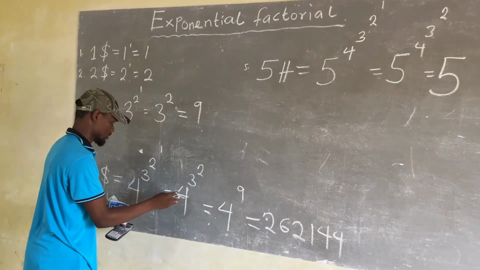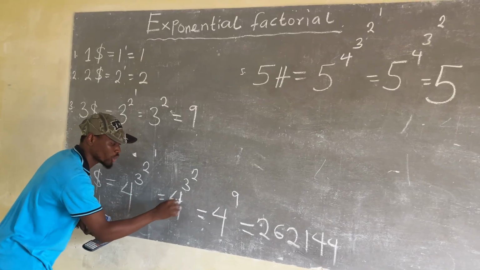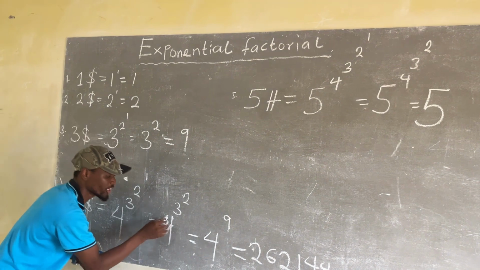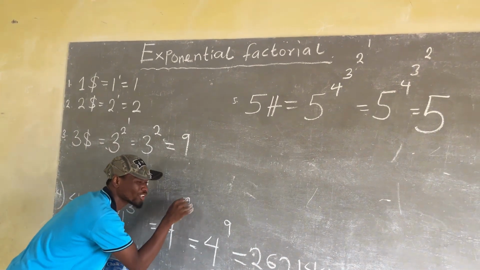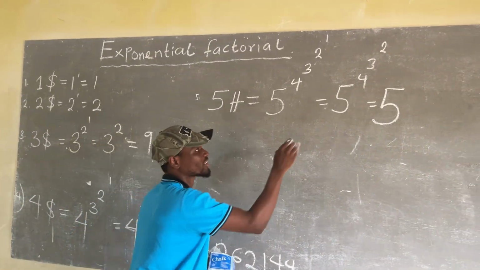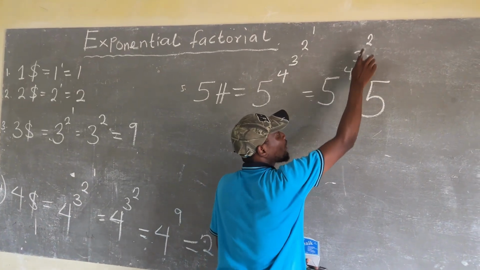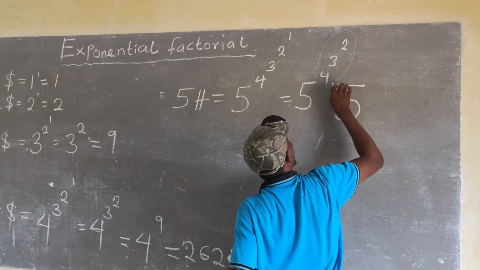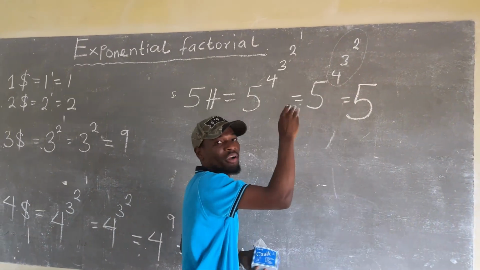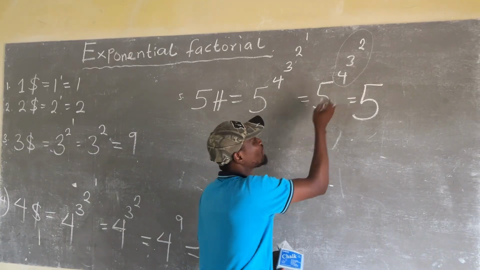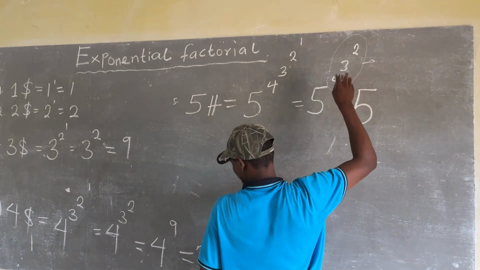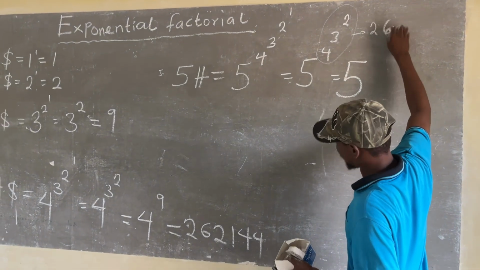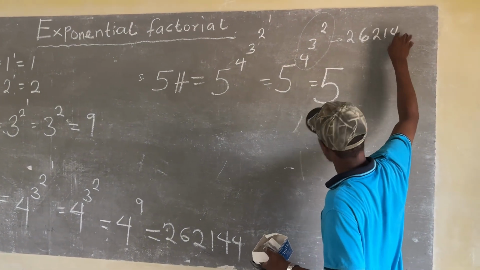This is 4 to the power 3 to the power 2, and we said the whole of this has been computed, and we have a value which is equal to 262144.